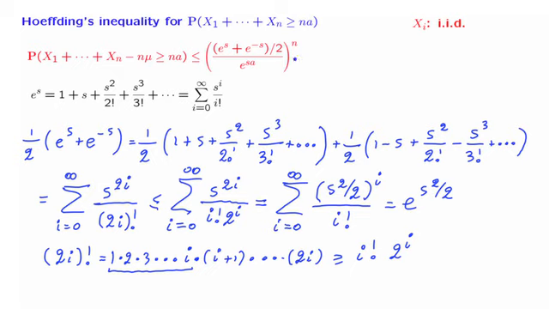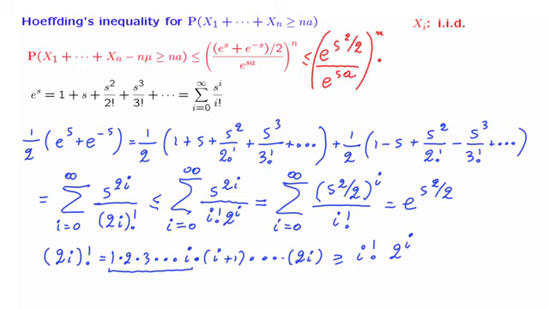Using now this bound, we go back to this inequality, and we have that this is less than or equal to, in the numerator we have e to the s squared over 2. In the denominator we have e to the sa, and all that is raised to the nth power.